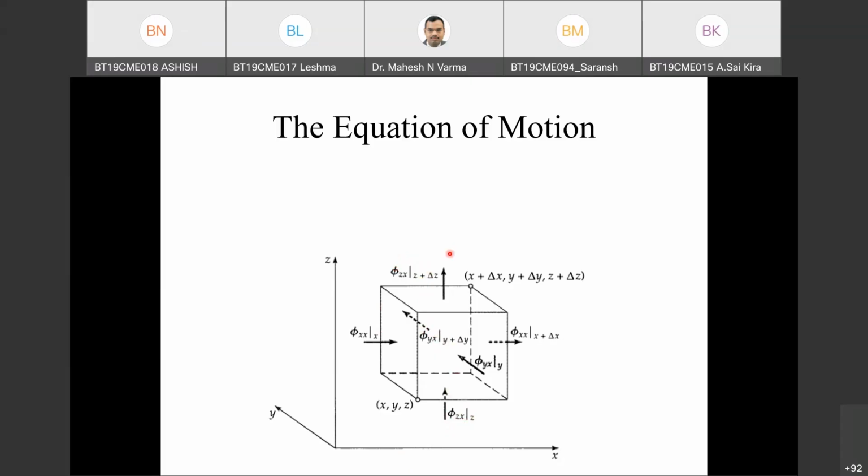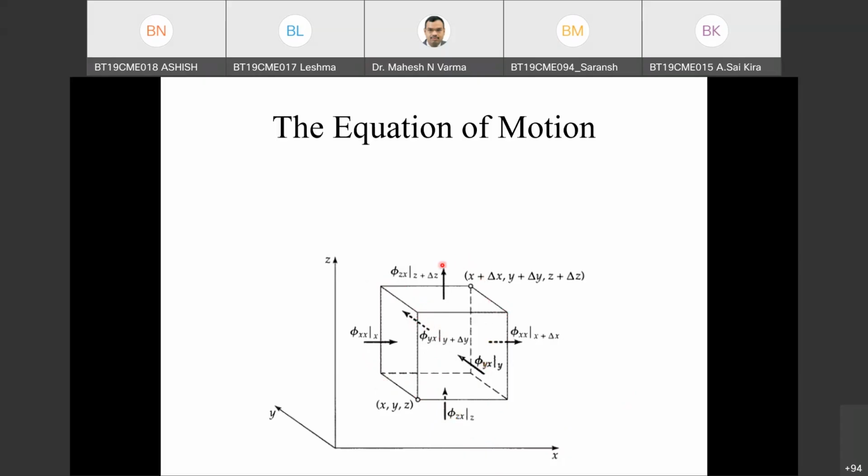For the x component, delta y into delta z will be the surface area. For the y component, delta z into delta x will be the surface area, and for the z component, delta x into delta y will be the surface area.